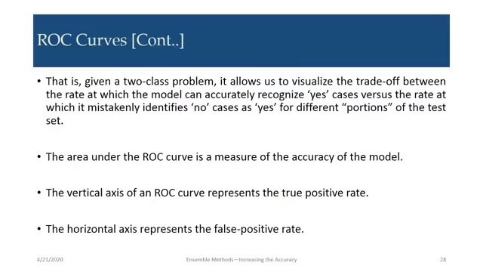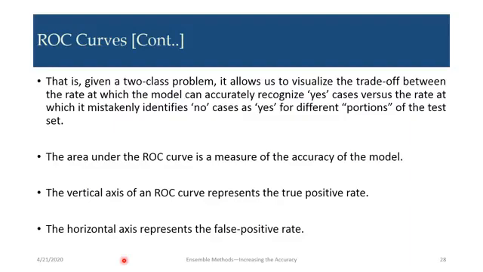Given a two-class problem, it allows us to visualize the trade-off between the rate at which the model can accurately recognize yes and the rate at which it mistakenly identifies no as yes, for different portions of the test set. The area under the ROC curve is a measure of the accuracy of the model.